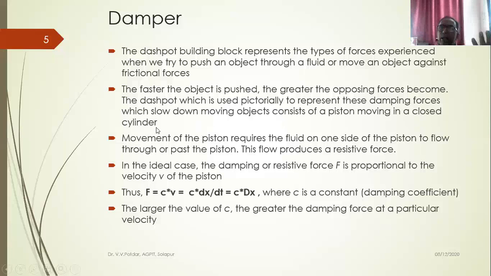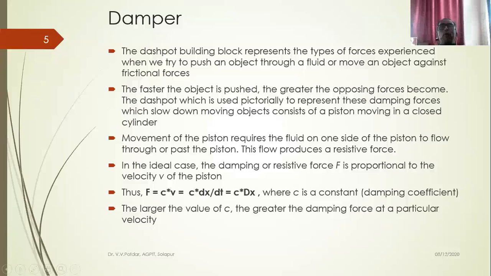Or, as I said, I might have damper-like elements, which show damper-like properties. The movement of the piston requires the fluid on one side of the piston to flow through or past the piston. This flow produces a resistive motion. In the ideal case, the damping or resistive force is proportional to the velocity of the piston.